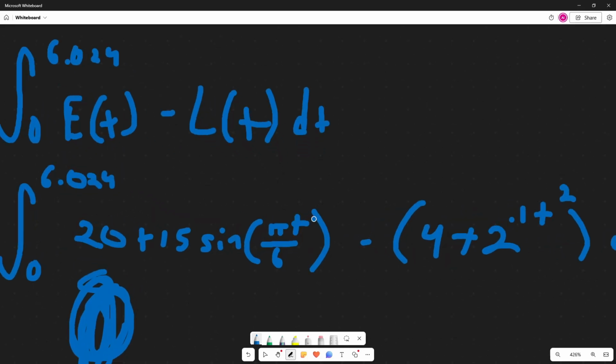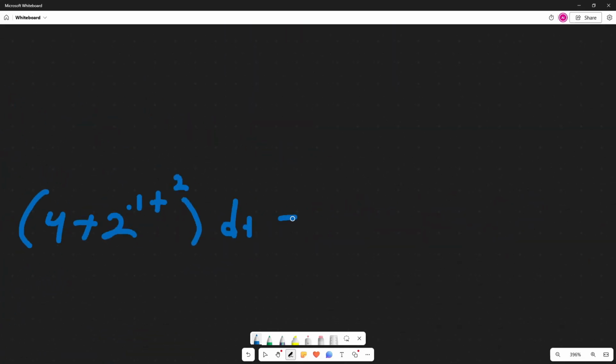So we've got pi x over 6, and then minus 4 plus 2 to the 0.1 x squared dx.